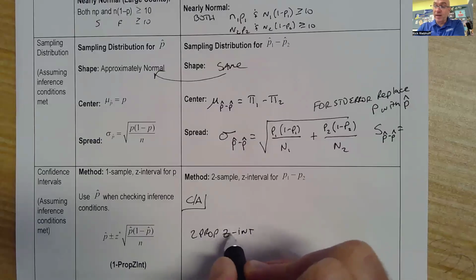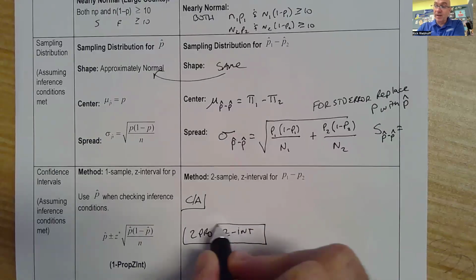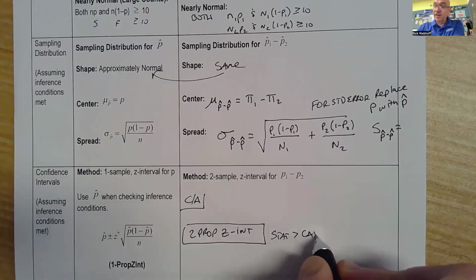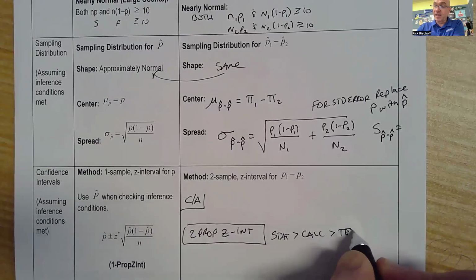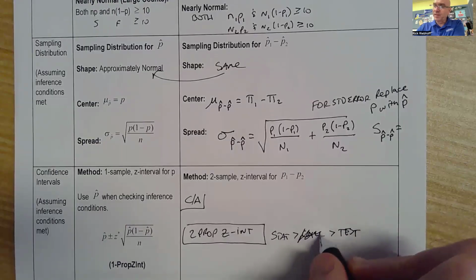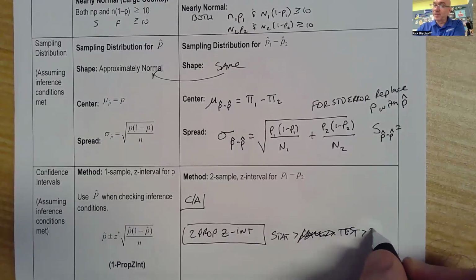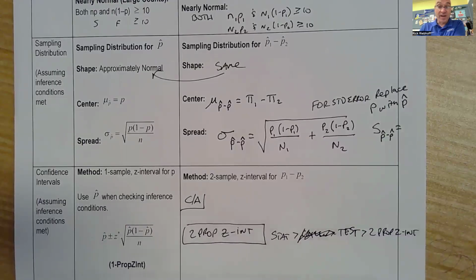That's what your calculator will call it. We find that in stat, tests, then two prop z. That's where you find it.